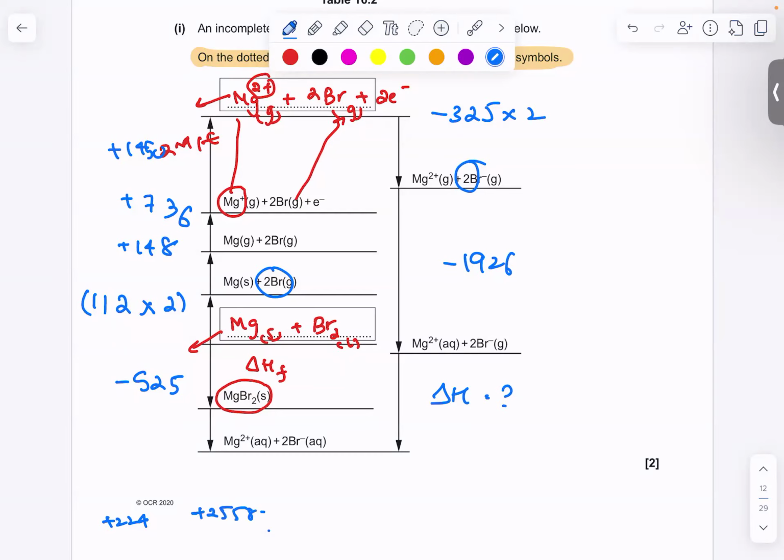Yes, let me check again. I'm just checking. 3, 2, 2, 2 times 2.